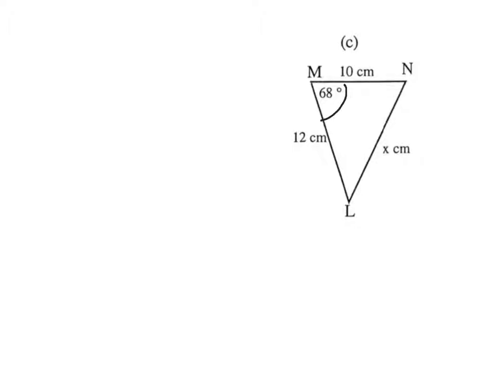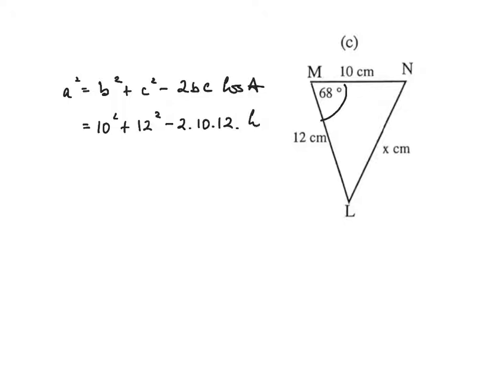That's the cosine rule, and a squared equals b squared plus c squared minus 2bc cos a. So 10 squared plus 12 squared minus 2 times 10 times 12 times the cos of 68 degrees.